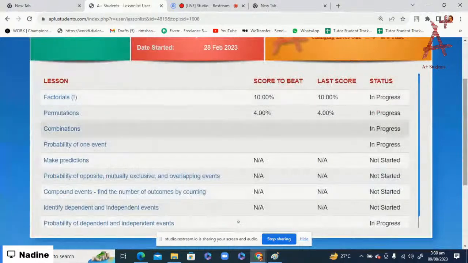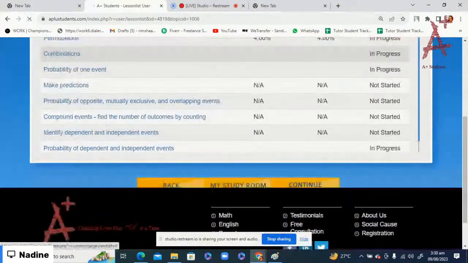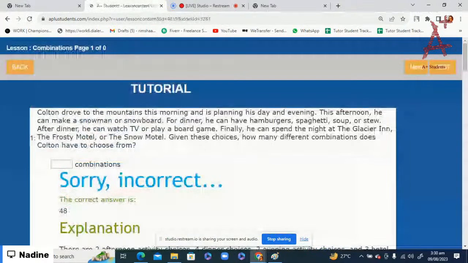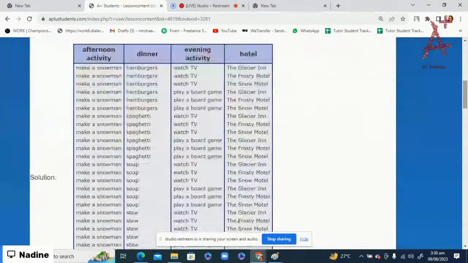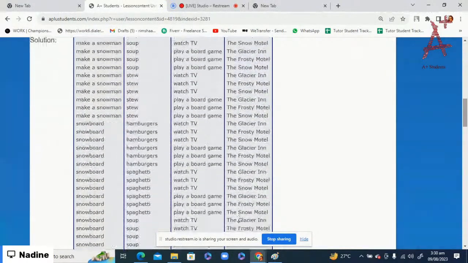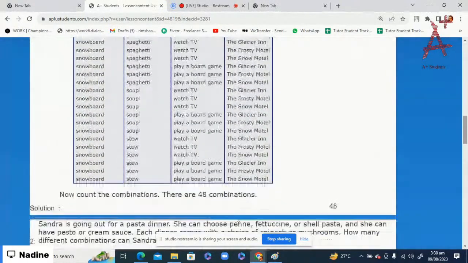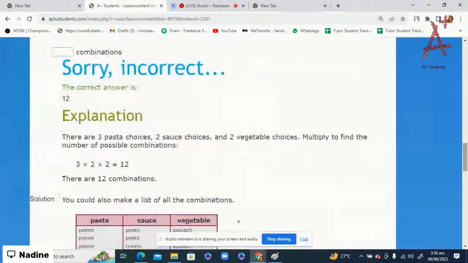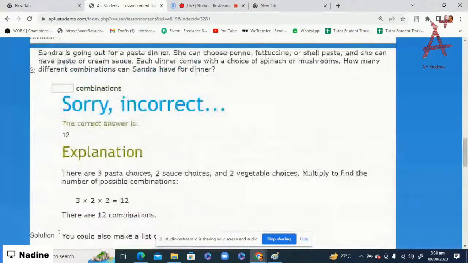Now here is the third lesson, which is combinations. Okay, look here, it's a big one. Sandra is going out for a pasta dinner.